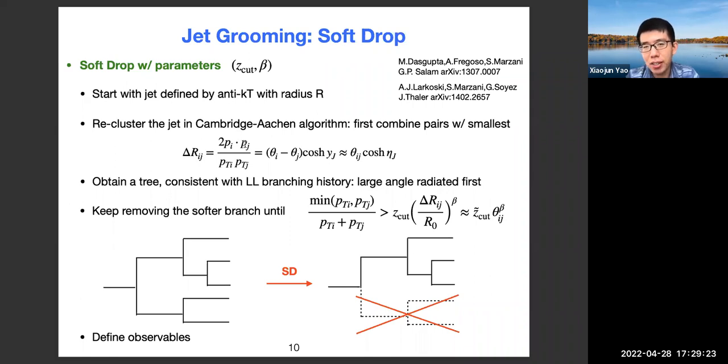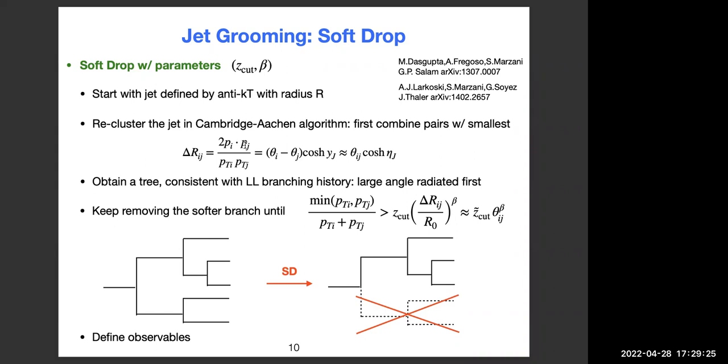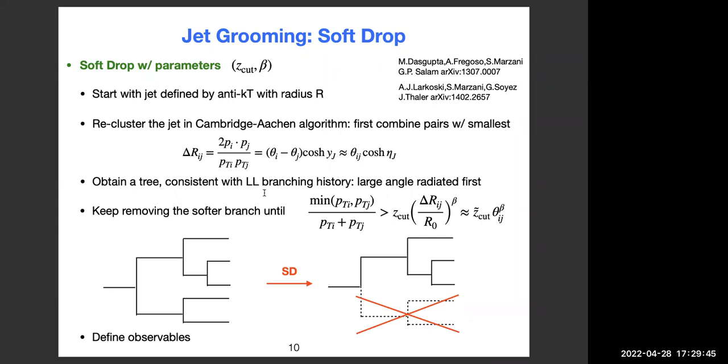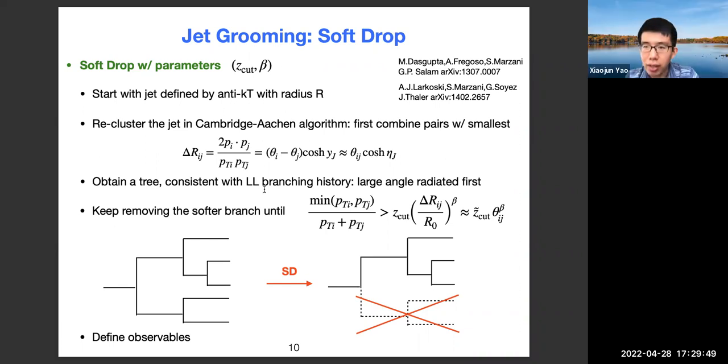Yeah, so to me it seems okay to use kT, but I don't know if there is any subtle issue in kT for the soft drop. I think the motivation for using Cambridge-Aachen is that it's consistent with the leading log branching history. Right. But you probably have to think of the beta parameter once again, right? Yeah. Here, if we use CA, then it just says theta to the beta.